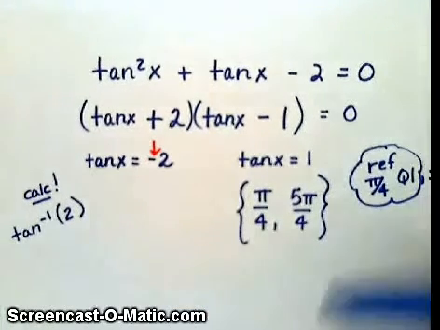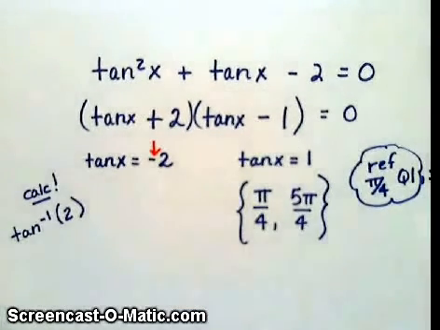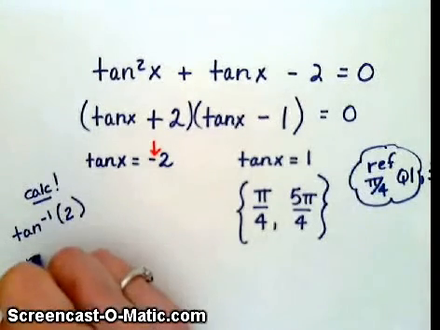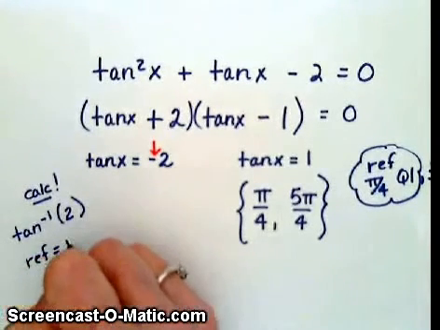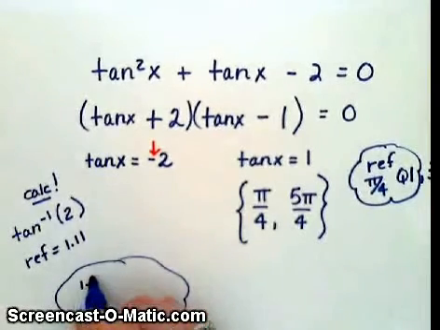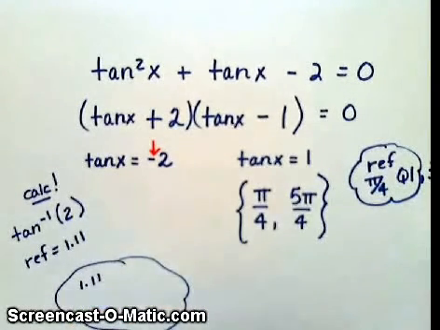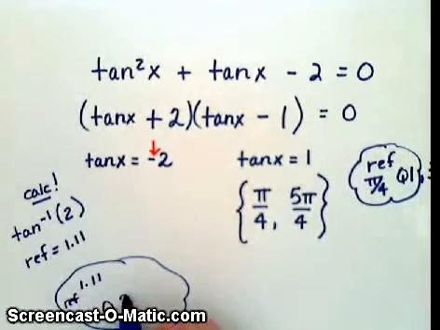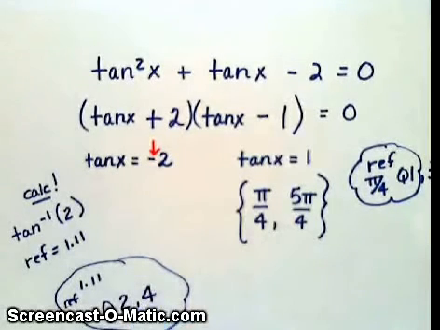So we have a calculator that we ask about the tangent, and it says, okay, the reference angle is 1.11 radians. So here's my little cloud where I'm doing my thinking. I need 1.11 for my reference, and I need it where tangent is negative in quadrants 2 and 4. So 1.11 radians in quadrant 2 and quadrant 4.